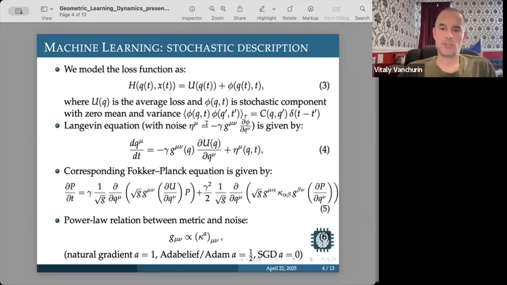And the noise is, of course, defined through this stochastic component. Okay, so given the Langevin equation, you can derive the Fokker-Planck equation. Langevin tells you how things evolve for individual trajectories, and you have this noisy part. Now, in the Fokker-Planck equation, you are thinking about a probability distribution: how does the probability distribution in the space of trainable variables evolve?